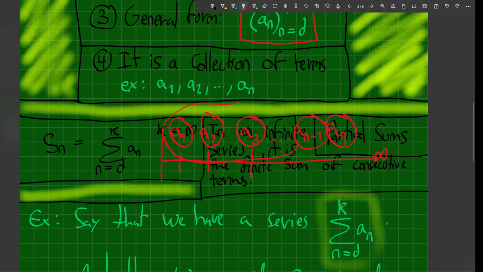We just study the beginning elements of the series using the partial sums, and we look at the final terms of the series also to try to conclude something from it. So we'll see more about that.